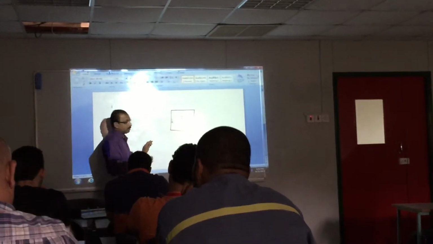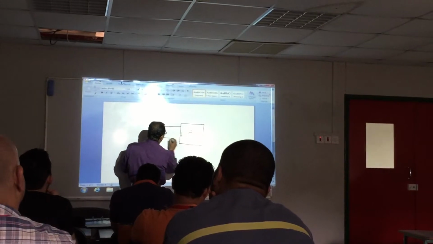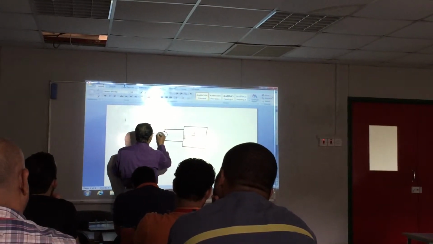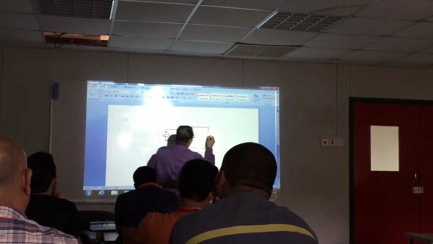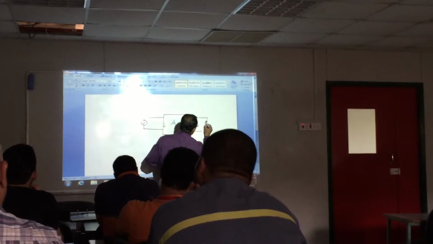Is it clear? I am applying a signal to the input of this amplifier, say Vi. And of course you are getting an output, Vout.